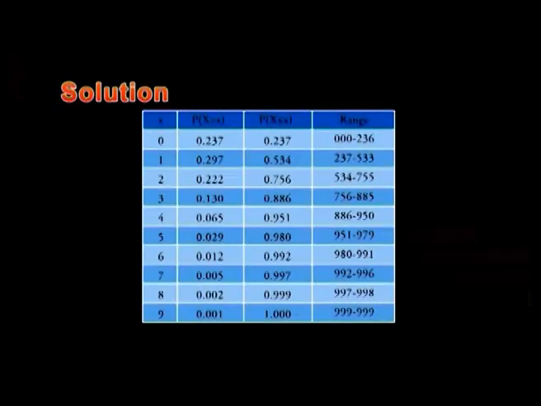Now, to simulate the random observations, first we find the following table. As we have done in earlier problems, here also we find p of x for different values of x and write it in the second column, and find the cumulative probabilities in the third column. Next, using cumulative probabilities, we write the range for random numbers to generate random observations from the distribution.